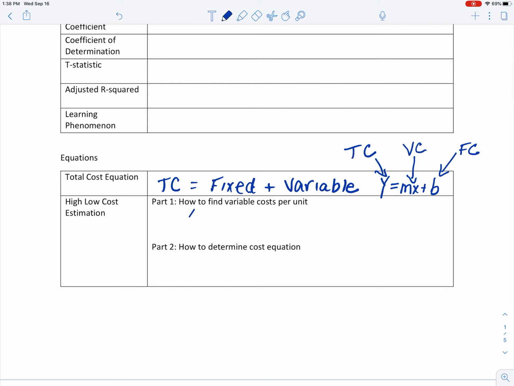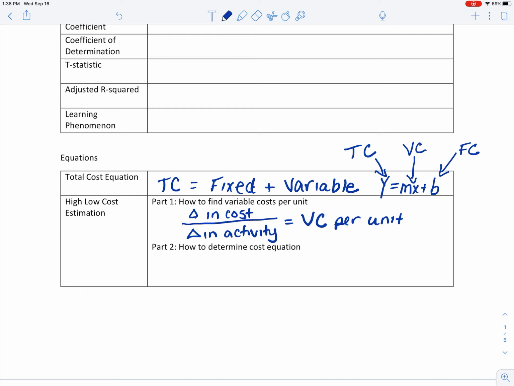To do that, we're going to take our change. If you haven't gotten to some of the other courses yet, that little triangle means change. You're going to take your change in cost over your change in activity. And this is going to be equal to your variable cost per unit.